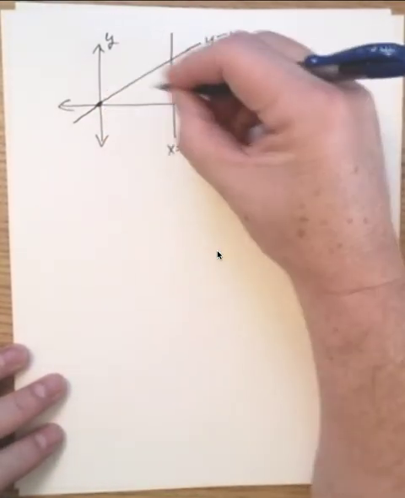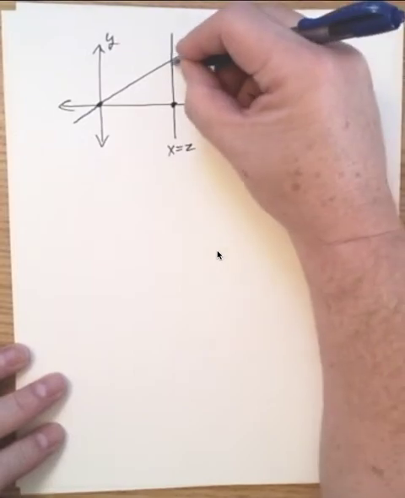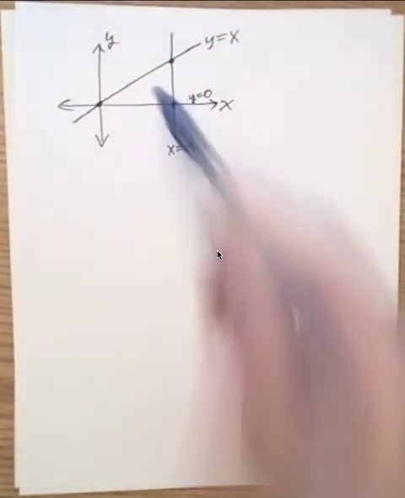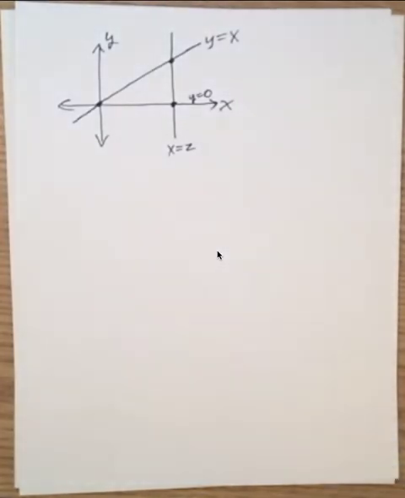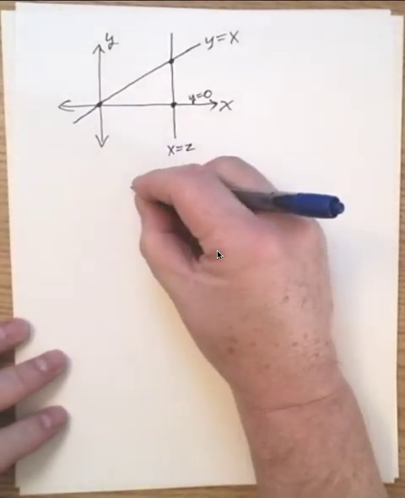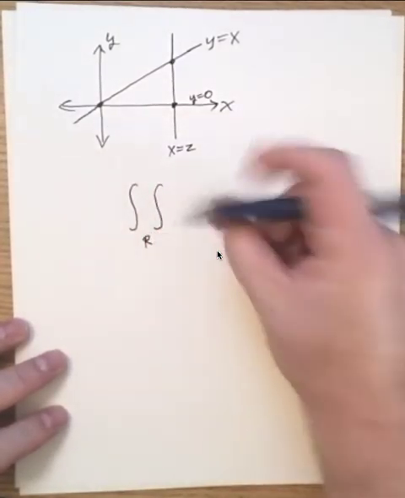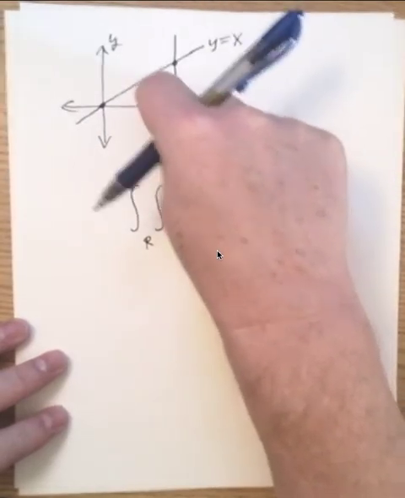Now, my region R this time is going to be this triangle, not a rectangle. How are we going to set up the integral to find this? So this is R, everybody. You understand that's R?